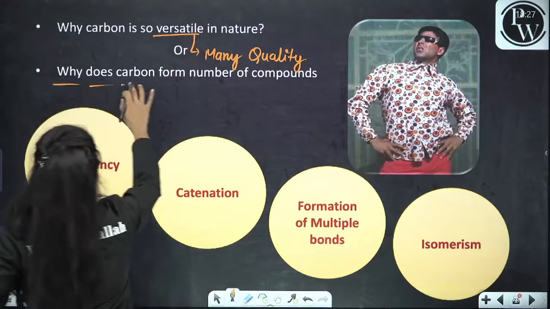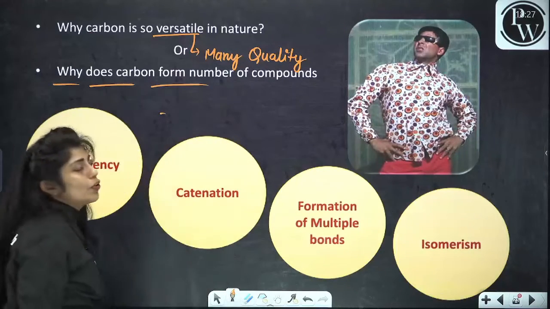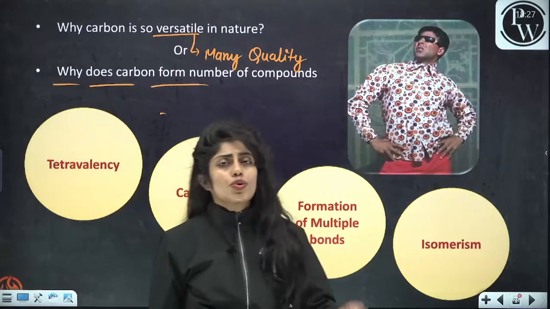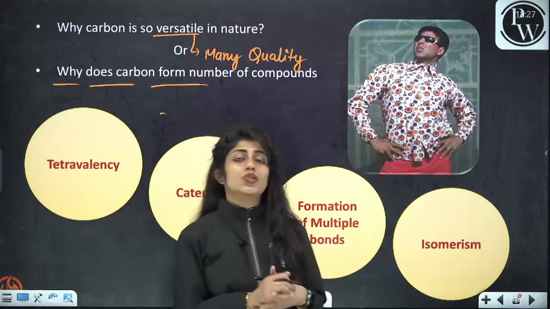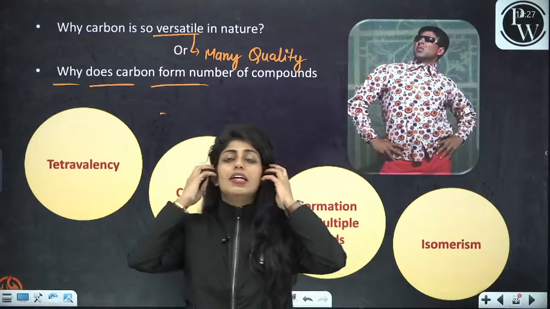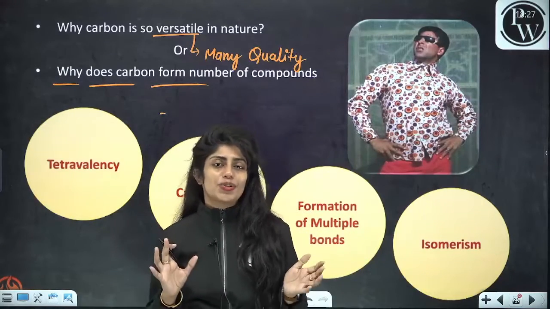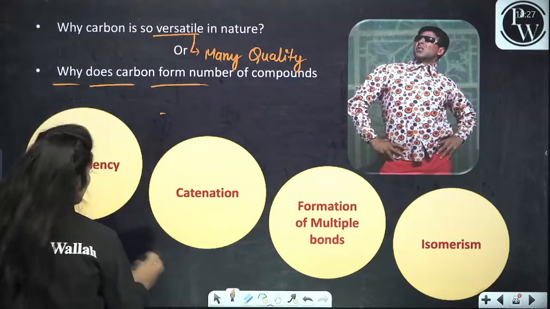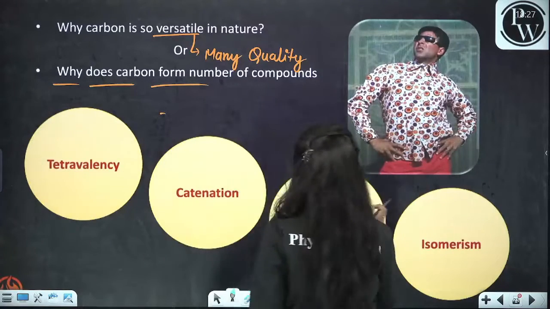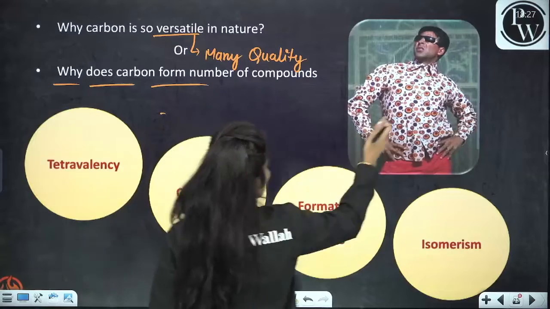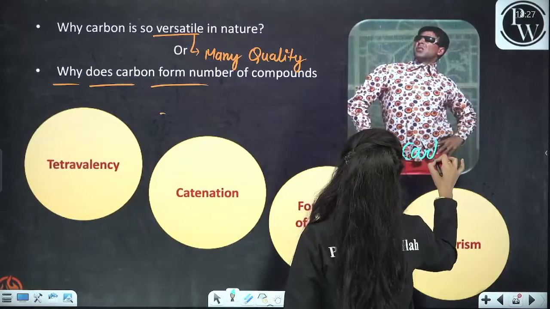Now, why does carbon form a number of compounds? Of course, you need to answer this question because many times in your board examination, the examiner has asked you this. So we have 4 major characteristics to explain this. So this is your carbon right now.